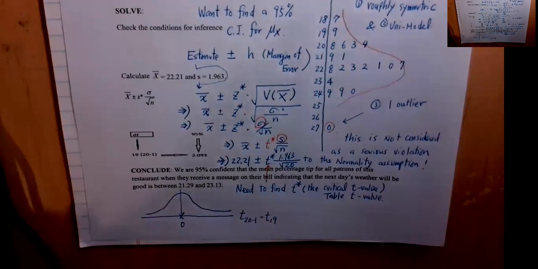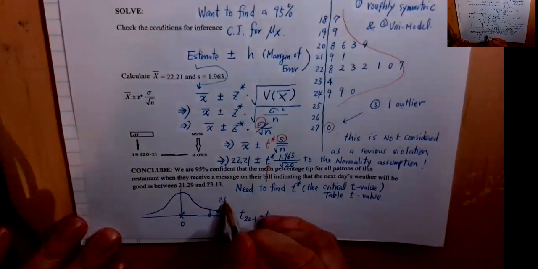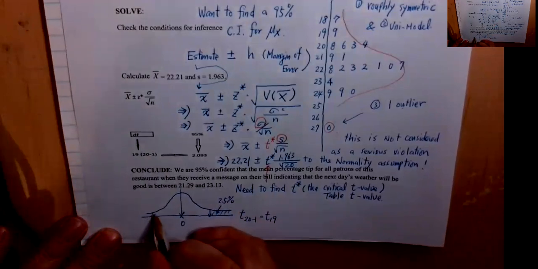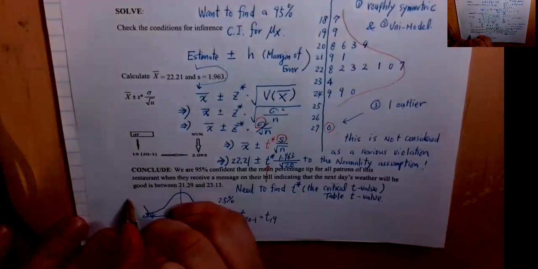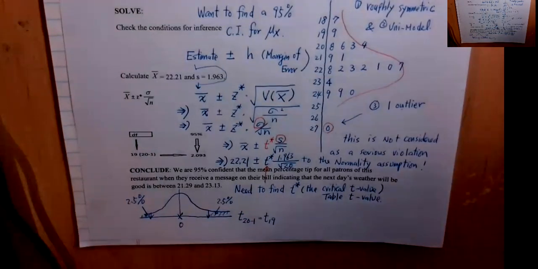We want to build a 95% confidence interval, which means the upper tail is 2.5% and the lower tail is also 2.5%.